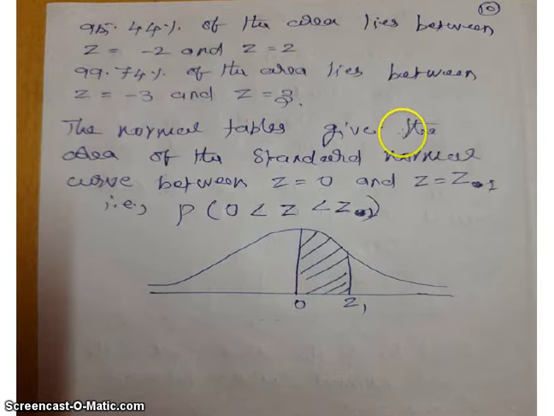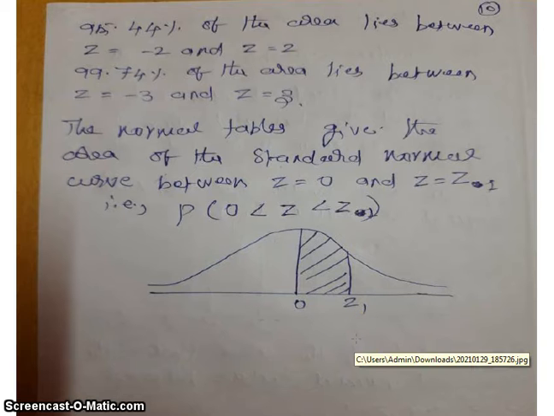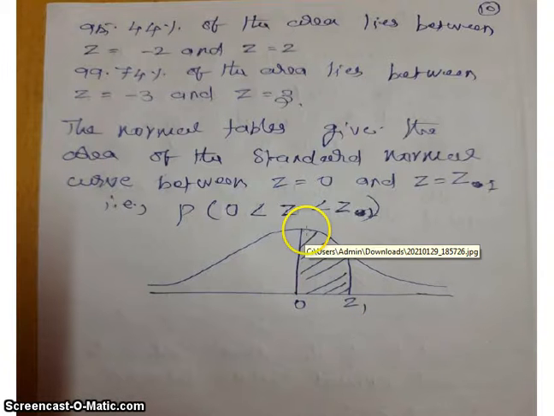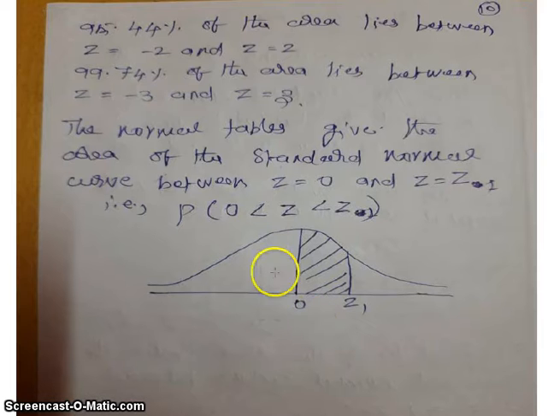The normal table gives the area of the standard normal curve between z equal to 0 and z equal to z1. So there is a separate table to find the area under the normal curve. The table gives values only for the positive z.